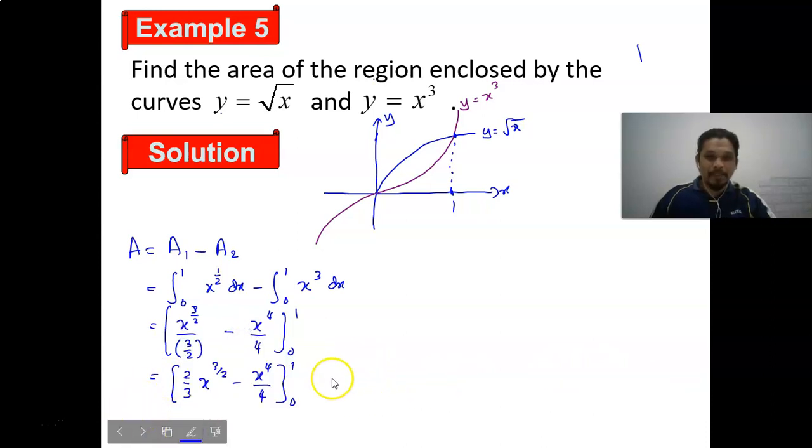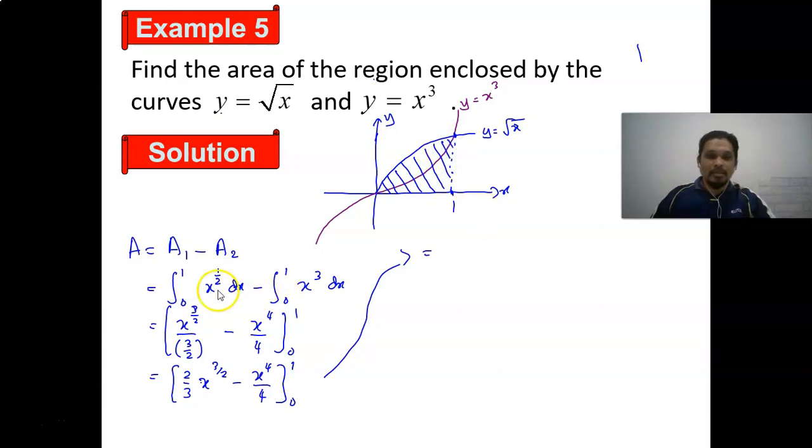Okay, so now substitute x with 1 first. First we integrate from 0 until 1, meaning we are getting the area of all this.